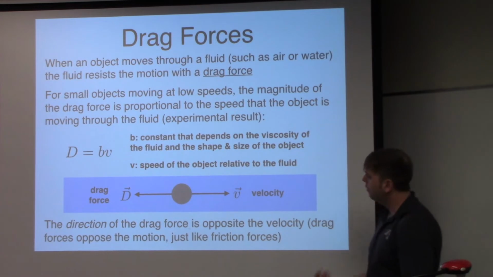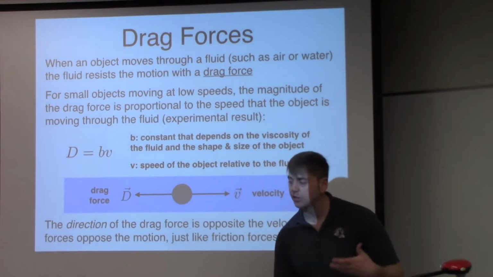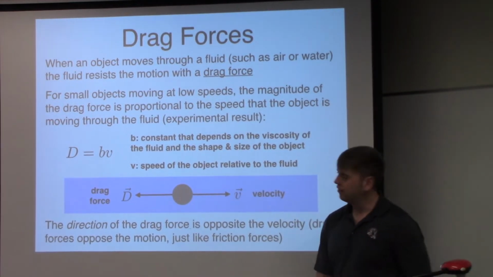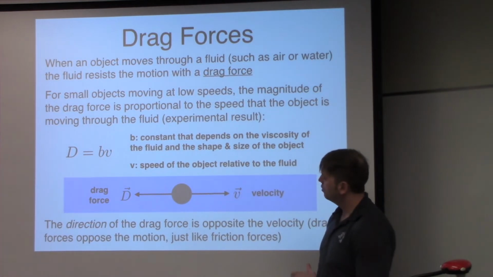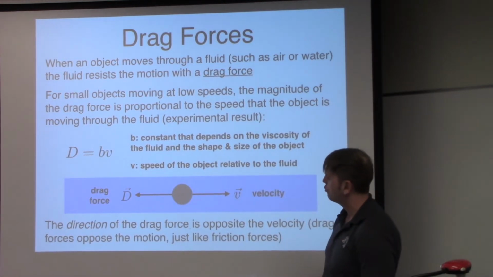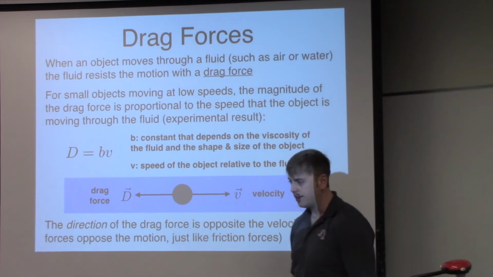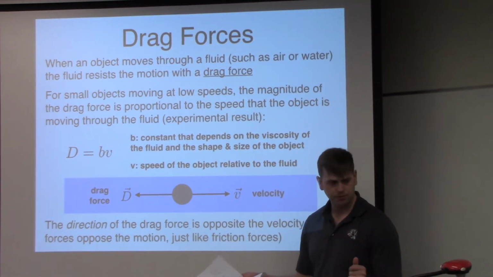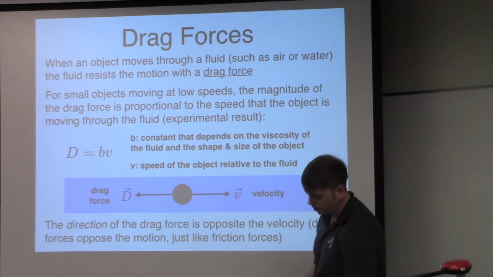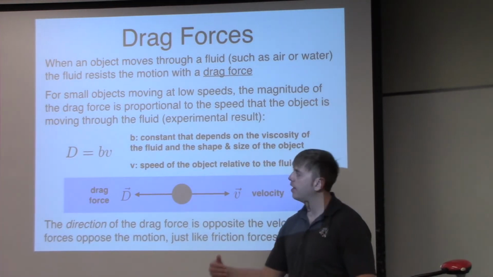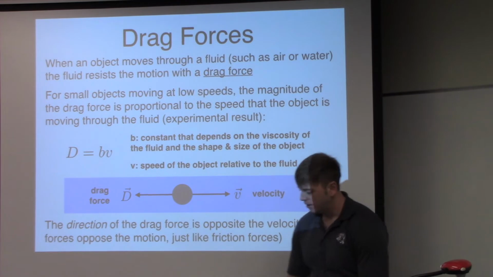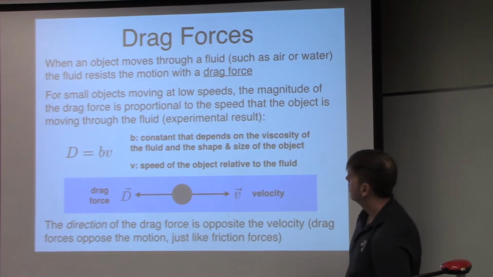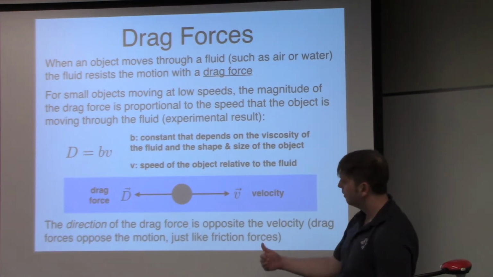As far as the magnitude of the drag force, how much force is there? Well, this gets a little bit complicated. So I want to show you a simple model of a drag force that experimentally works pretty well in a certain set of situations. If we have relatively small objects moving at relatively low speeds, then the magnitude of the drag force is just proportional to the speed of the object.